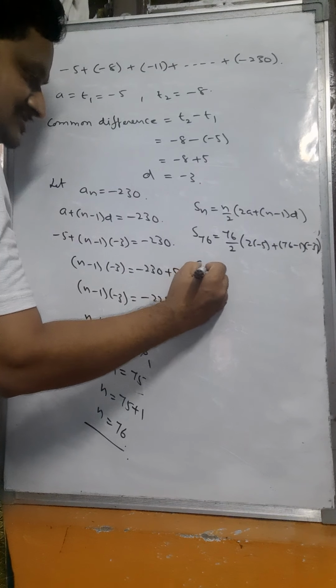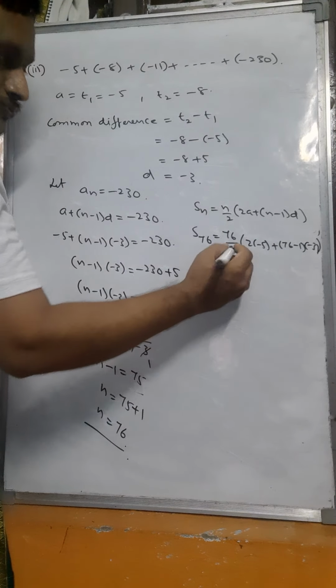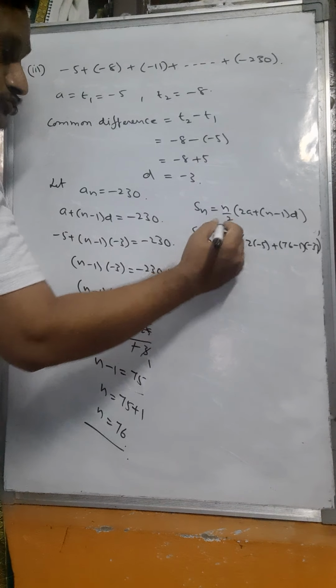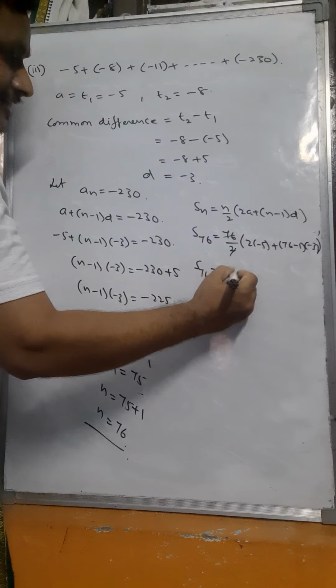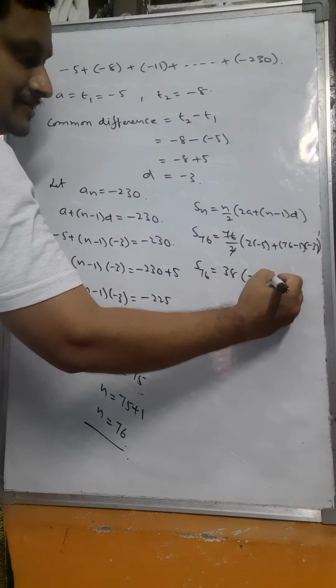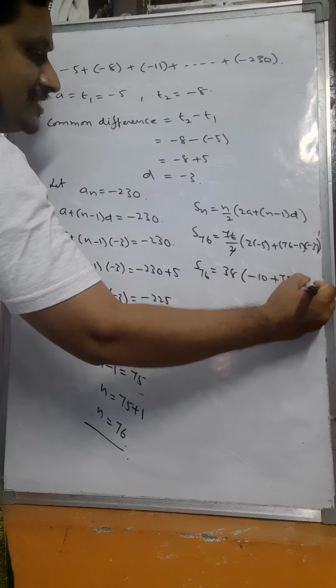So that is S76 is equal to, here 2 ones are 2, 3 ones are 3, 3 sixes are 18, 38 into minus 10 plus 75 into minus 3.